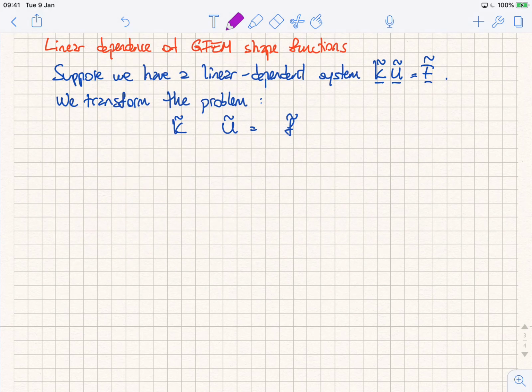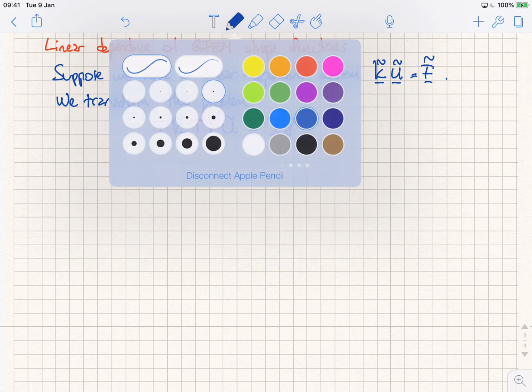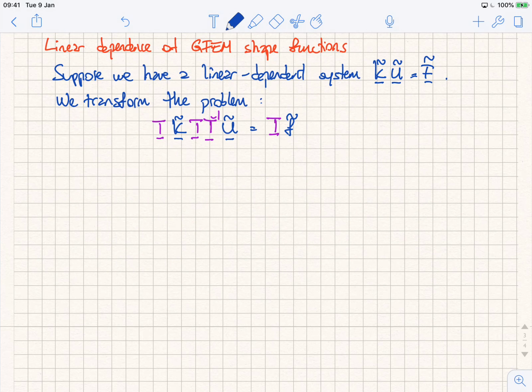And I'm going to use some matrix here. I'm going to call this T. It's a special matrix. This is T, K, T. This is going to become my new K matrix.